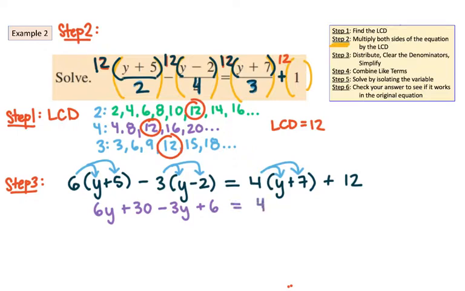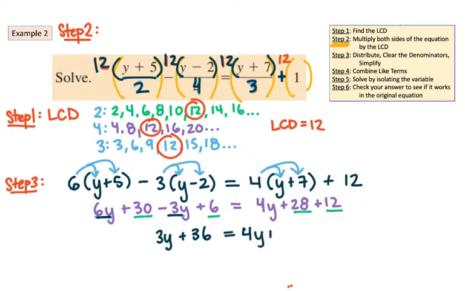On the right, we get 4y plus 28 plus 12. And then we will combine like terms, y's with y's, numbers with numbers on both sides. 6y minus 3y is 3y, and 30 plus 6 is 36. And then on the right, we've got 4y, 28 plus 12 is 40.